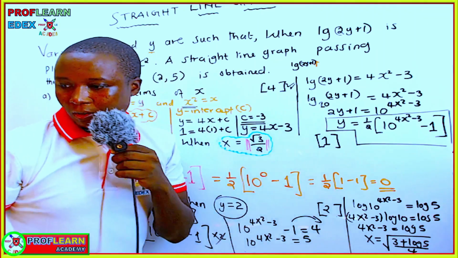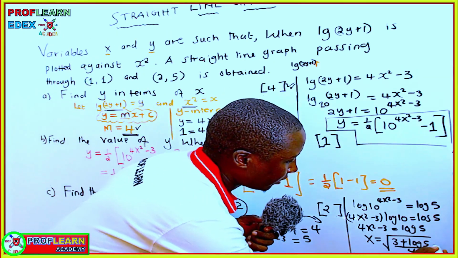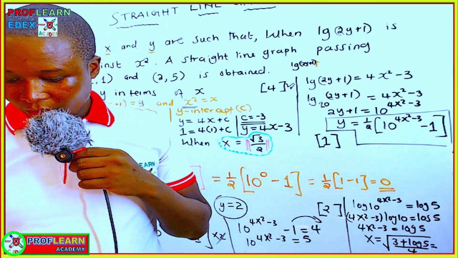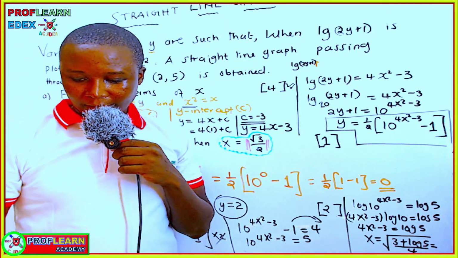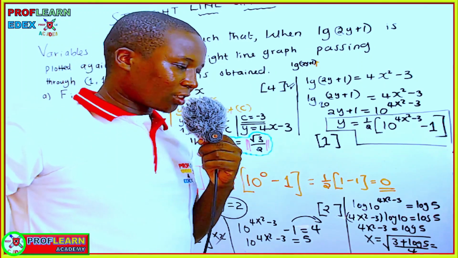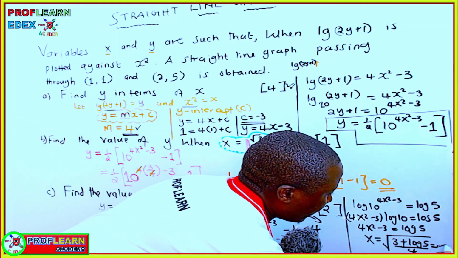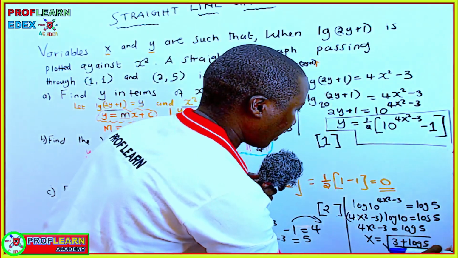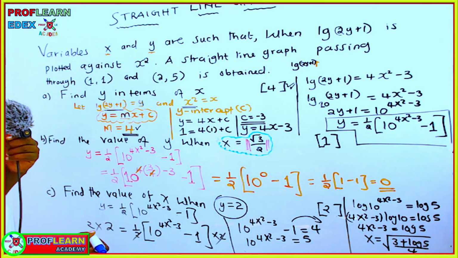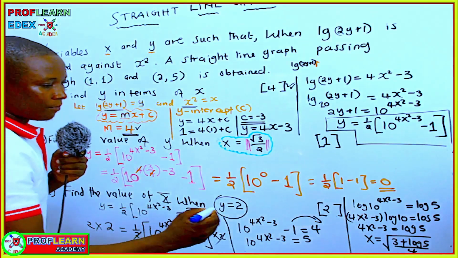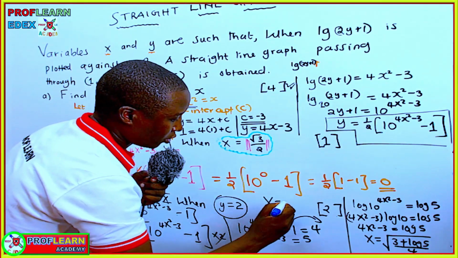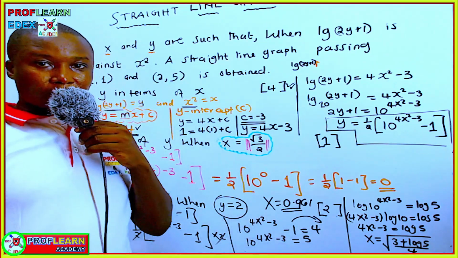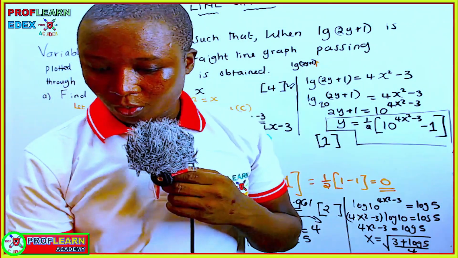And if you work this out, you are going to get your answer: our x is going to be 0.961. So that is what you are supposed to get in this particular question.